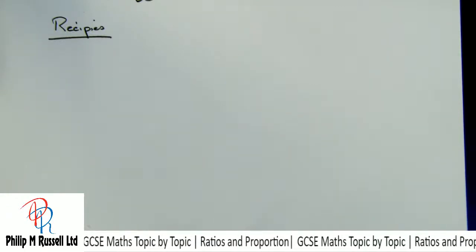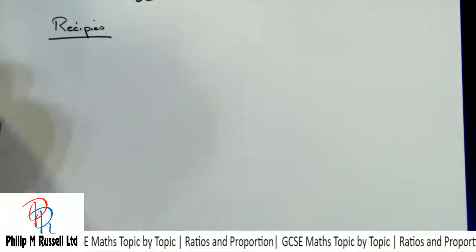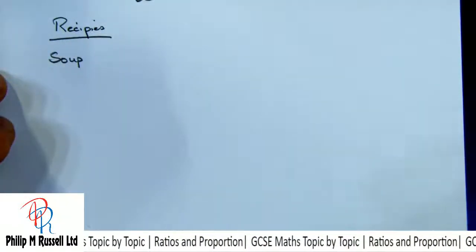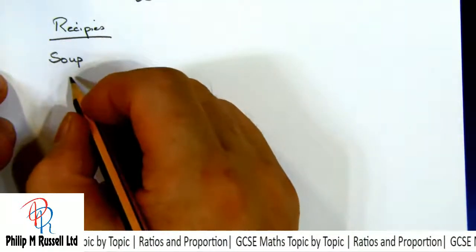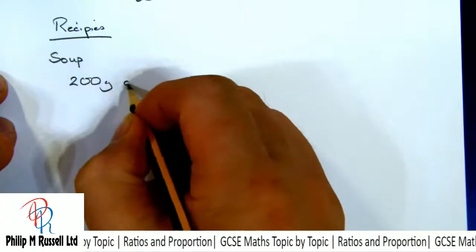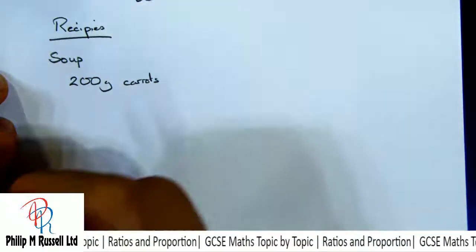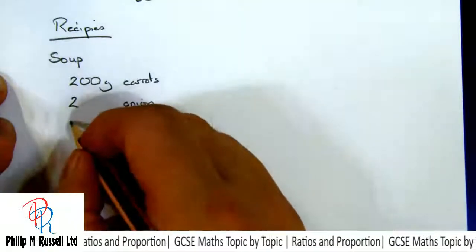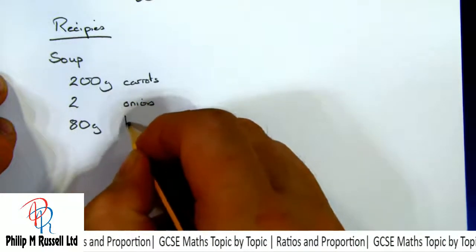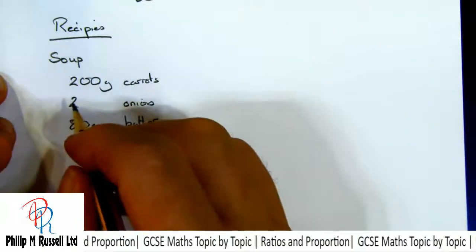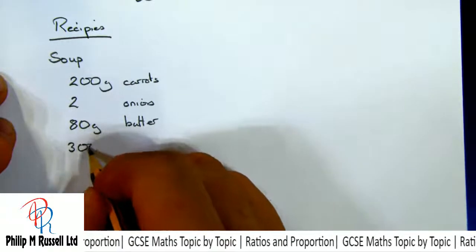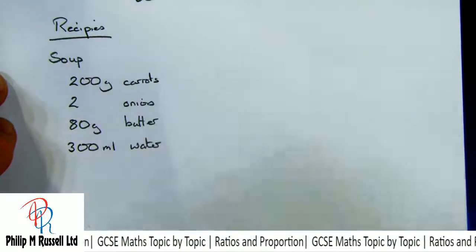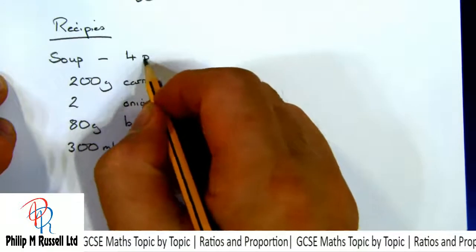So let's suppose I want to make some soup, and for my soup I'm going to want 200 grams of carrots, we want 2 onions, we want 80 grams of butter, and we want 300 milliliters of water. And that is soup for 4 people.